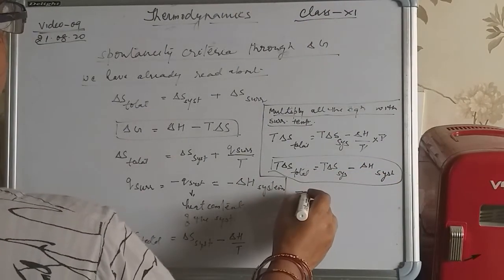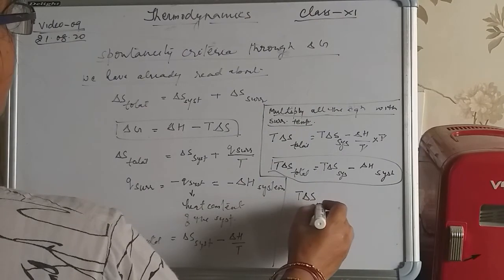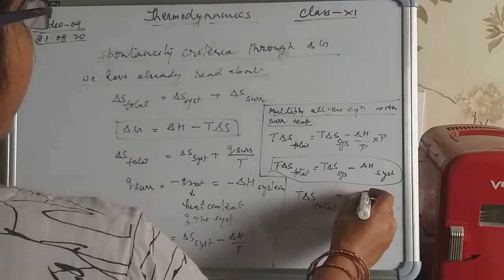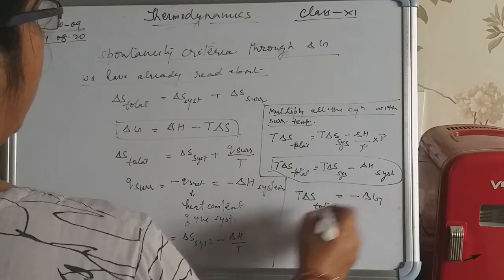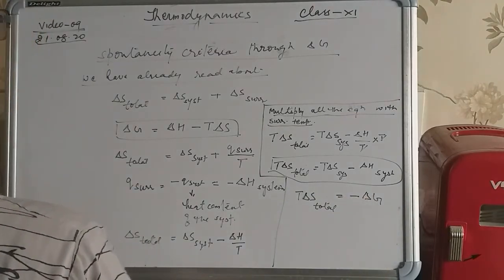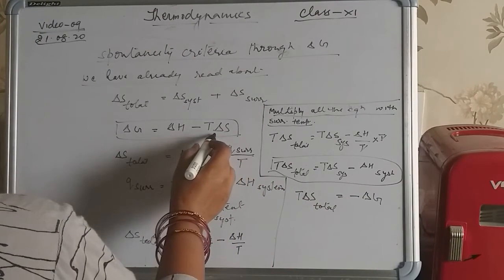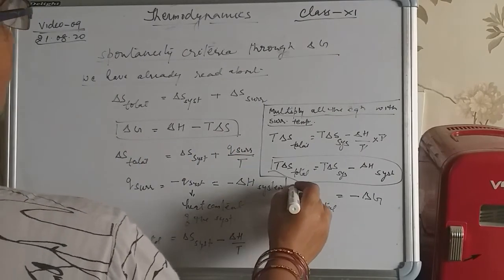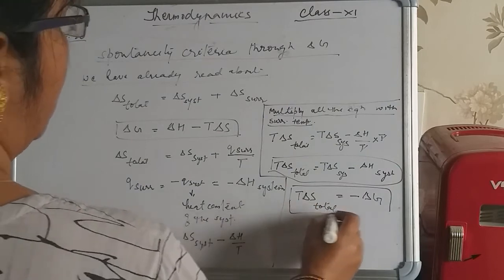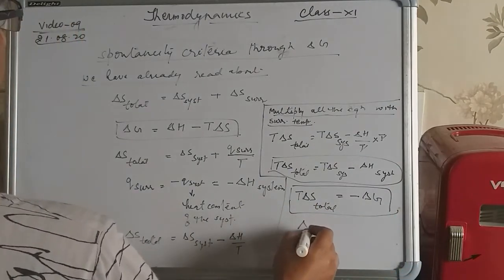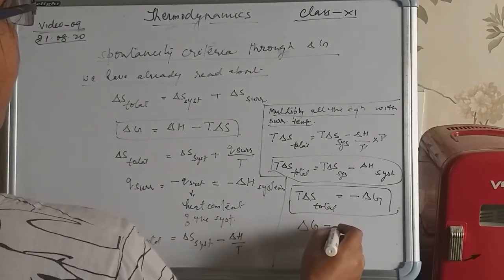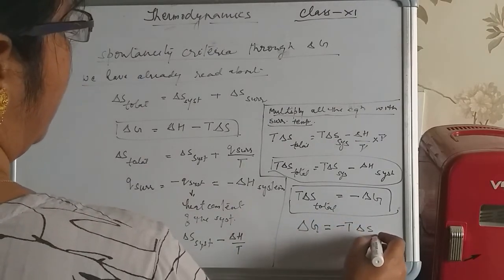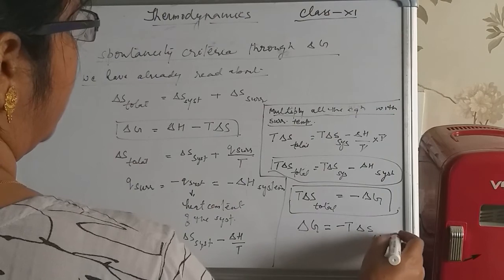And we know that T delta S total equals minus change in Gibbs free energy, because this equals Gibbs free energy, or we know that this equals minus change in entropy total.